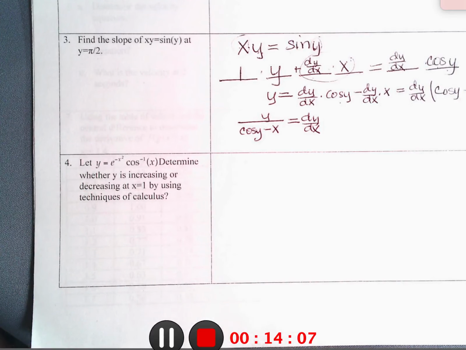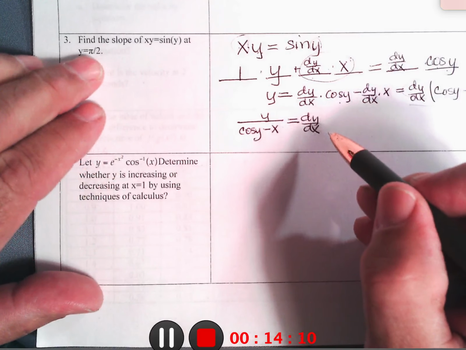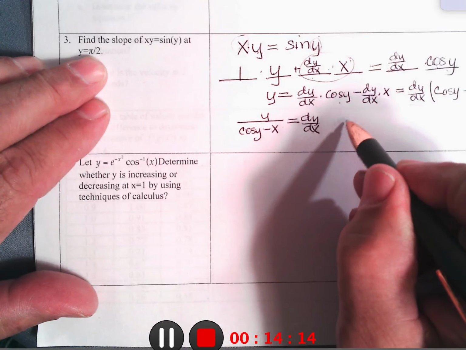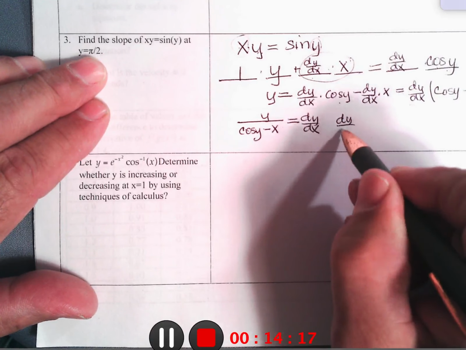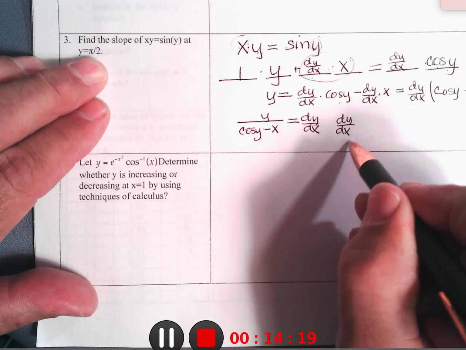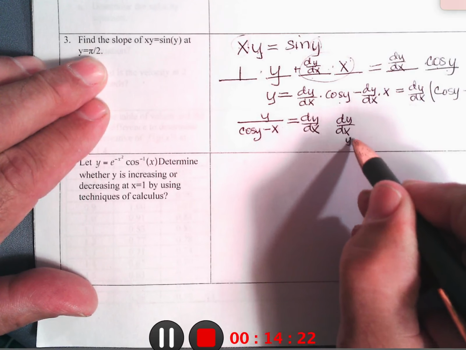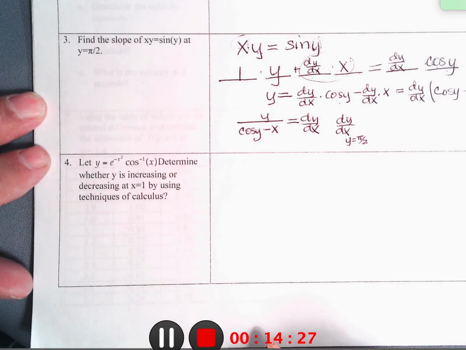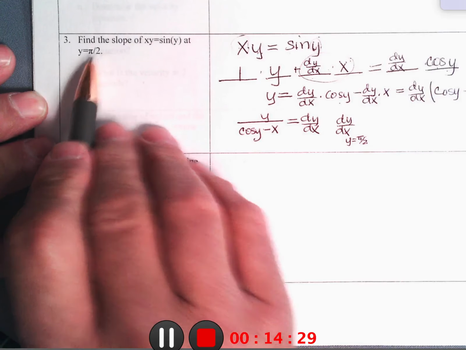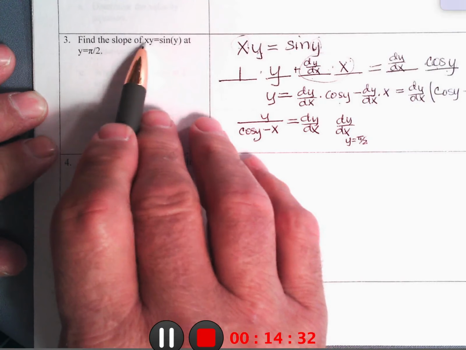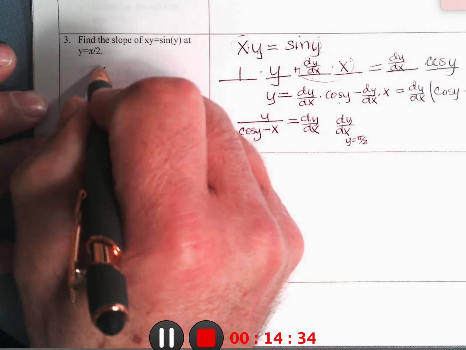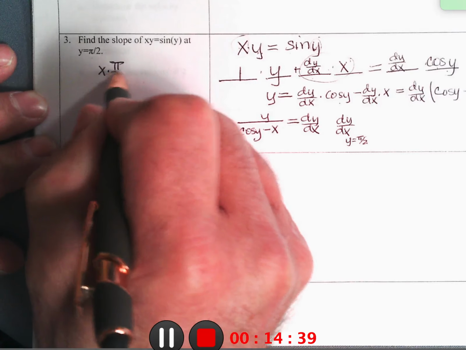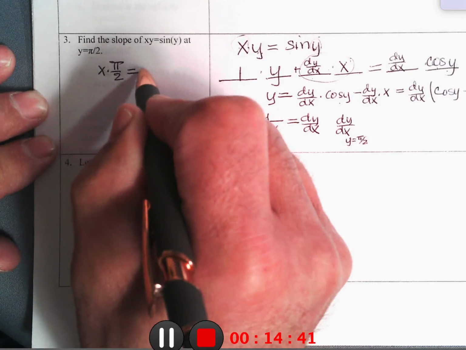So now, what's the slope at pi over 2? So that would be dy dx evaluated at y equal pi over 2. So what's x equal to? So I need to put pi over 2 in for the y's and figure out what x is. So x times y equals sine of y.